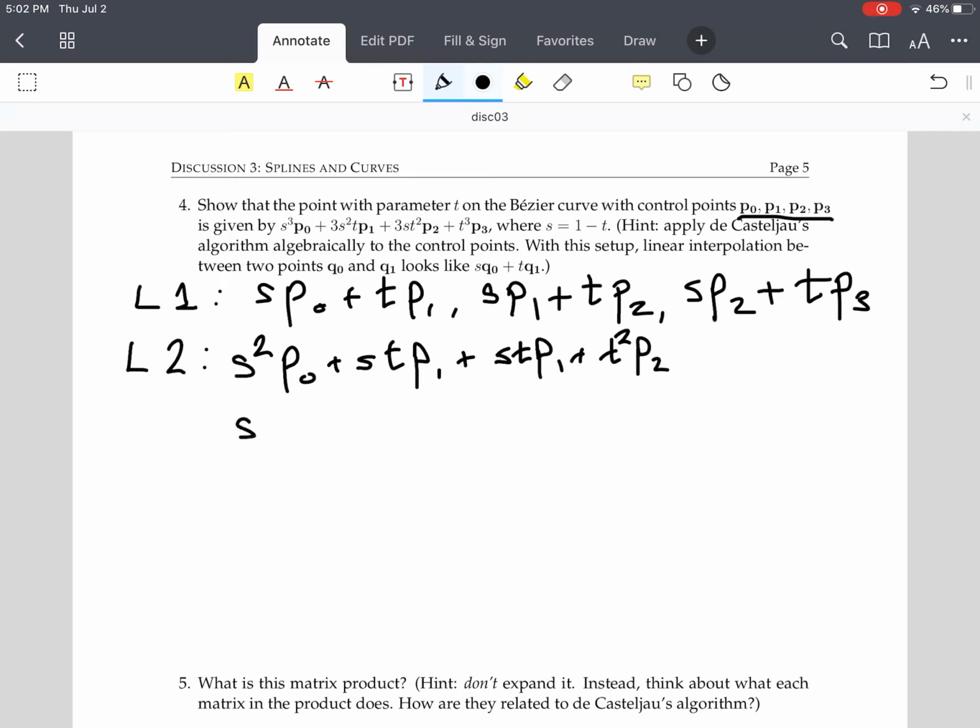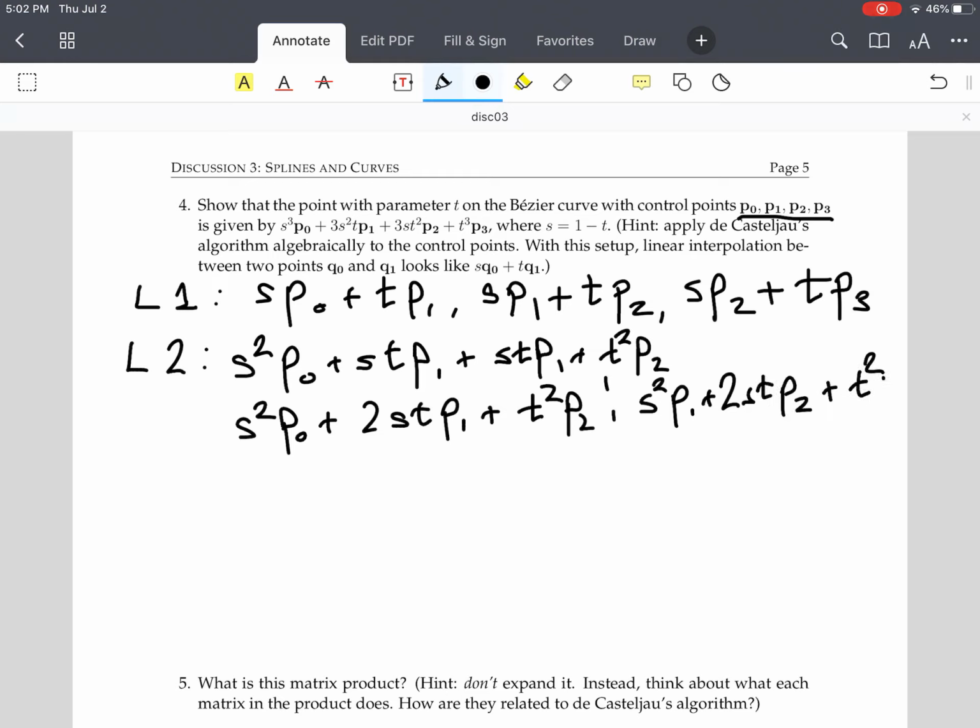Okay, and so it's s squared p0 plus 2st p1 plus t squared p2. And so then this was for the first 2 points, but we can do the same thing for the second and third point. And so we'll just get something that looks very similar, just shifted. So it's going to be s squared p1 plus 2st p2 plus t squared p3.